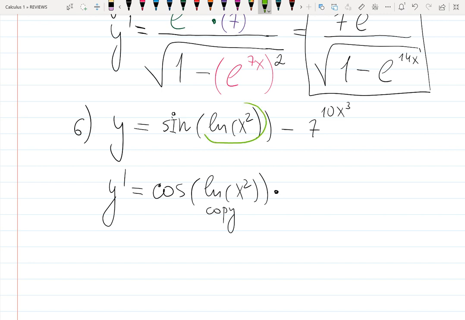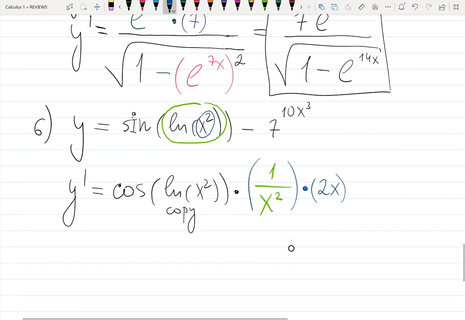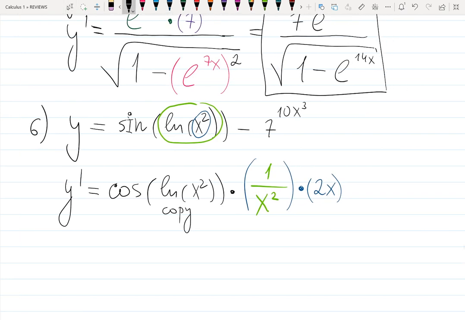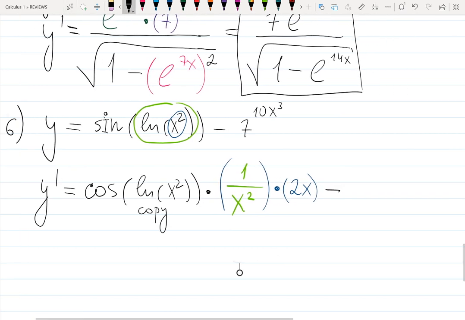And what do I see? I see log of something. Log of something gives me 1 over that something. So that's going to be 1 over x squared, times, now I'm looking inside of the function, and that's x squared. So that's going to be 2x. Did you catch up? Did you pause the video to try it yourself first? That would be very handy.